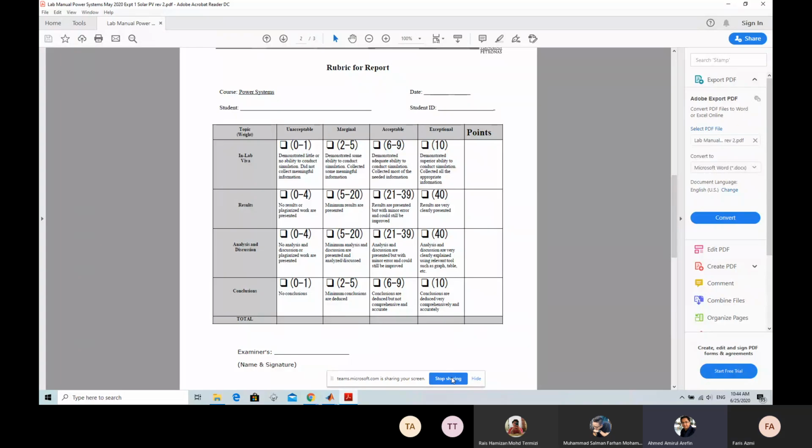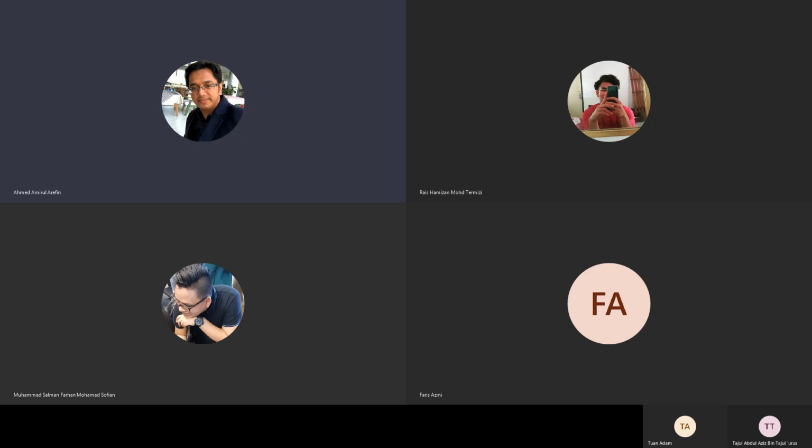You can now stop the sharing so that we can see the other screen. Okay, Mr. Tarmizi, kindly share your screen and demonstrate how you set the signal builder value of the irradiance.